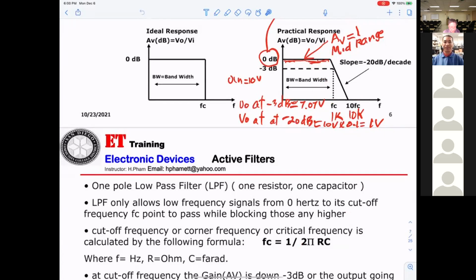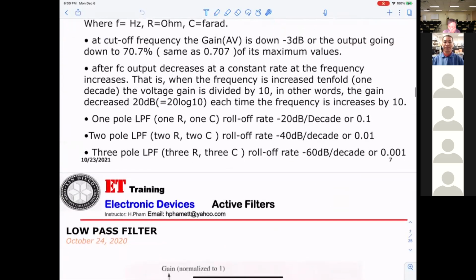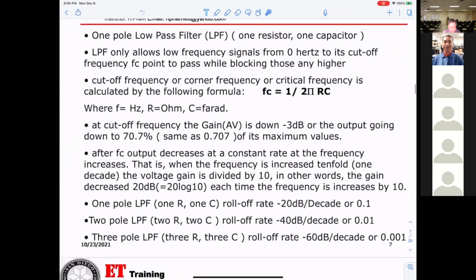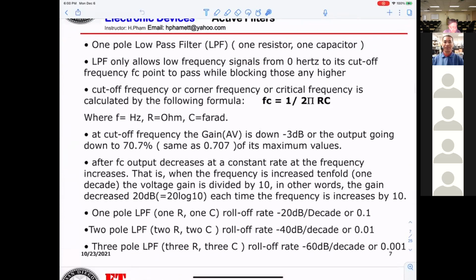That's what we're talking about, the bandwidth. So they say it only allows low frequency signals from 0 Hz to its cutoff frequency, FC, to pass, and blocks any higher frequency. So basically the calculation is up to the cutoff only.